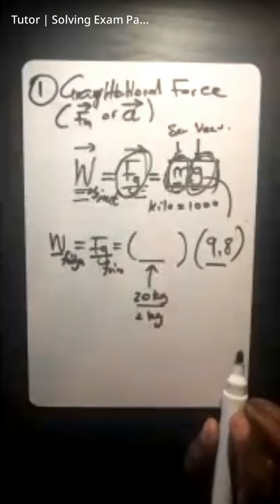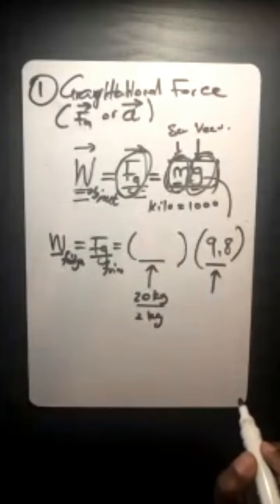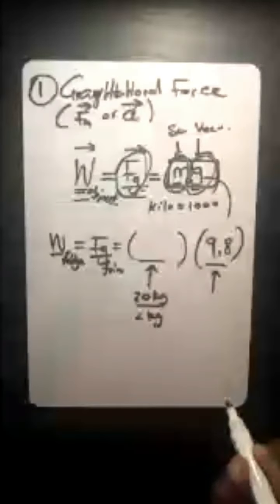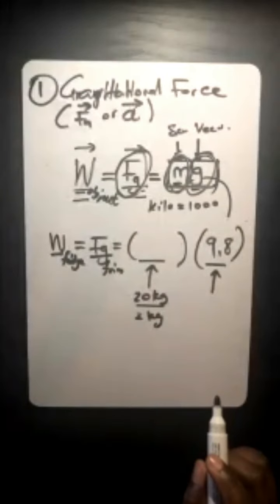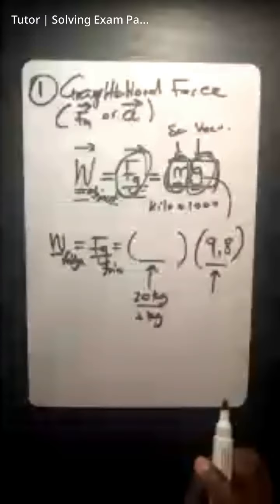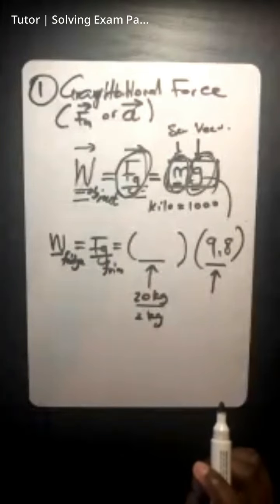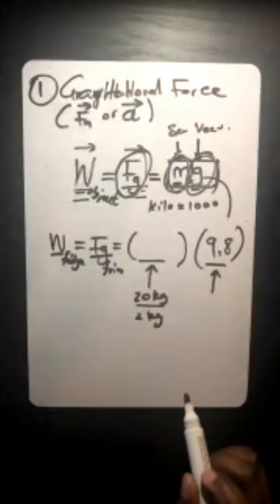But there's something common about those two objects. The common thing is that they're experiencing the same gravitational acceleration. So, ladies and gentlemen, the weight of an object is the product of the mass and the gravitational acceleration of the earth.